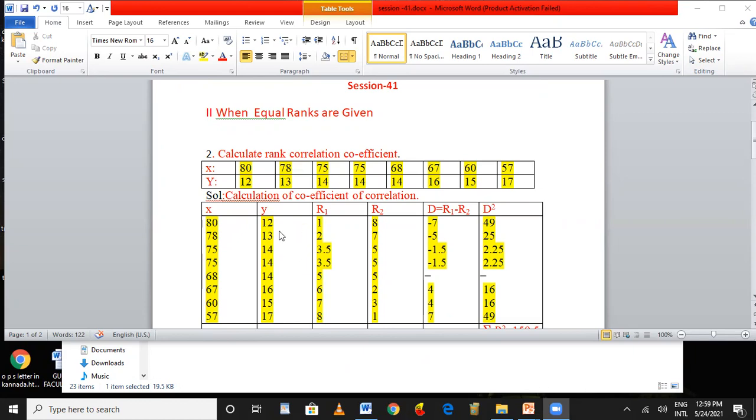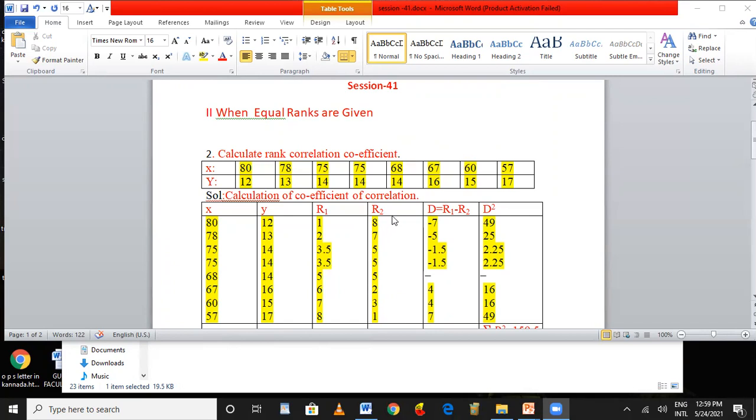The highest one is 80, first rank; 78, second rank; then third and fourth for 75, 75, which occurs two times, so it is 3.5, 3.5. Then 68, fifth rank; 67, sixth rank; 60, seventh rank; 57, eighth rank. This is how we assign the ranks.